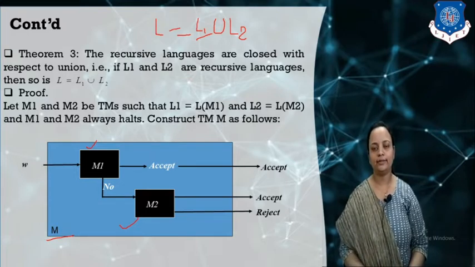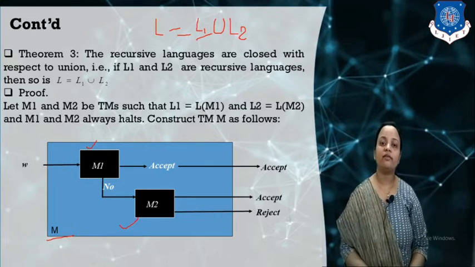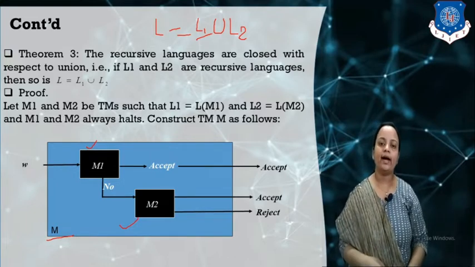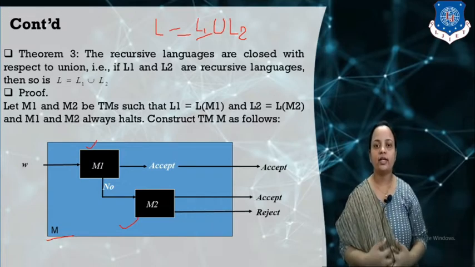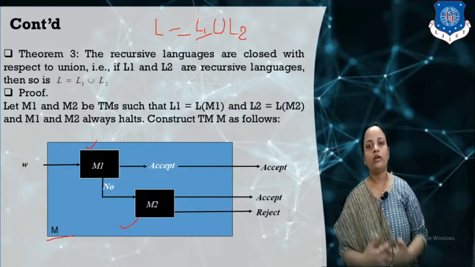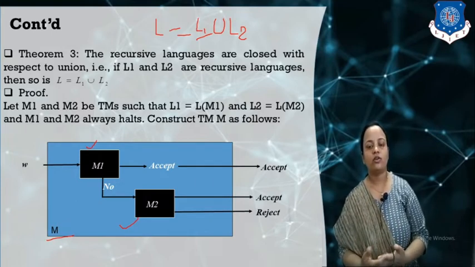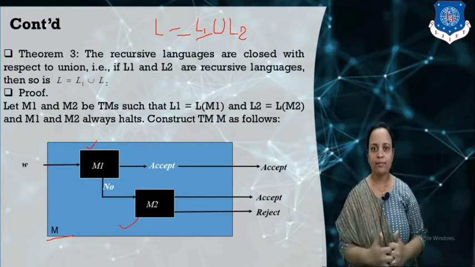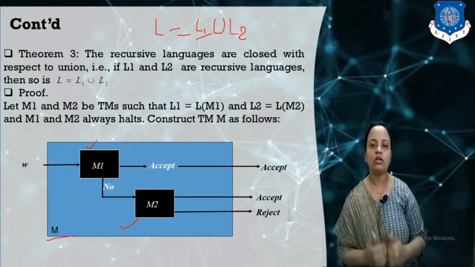L contains the strings which start with A or start with B. So a string which belongs to L1 is accepted, or a string which belongs to L2 is also accepted.